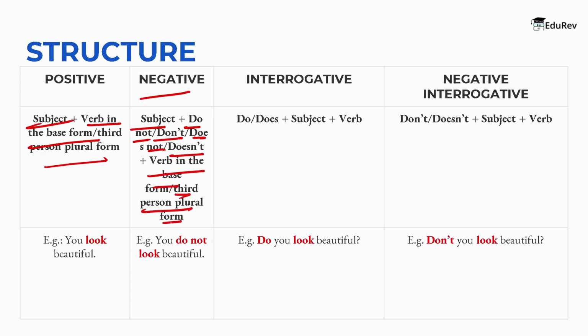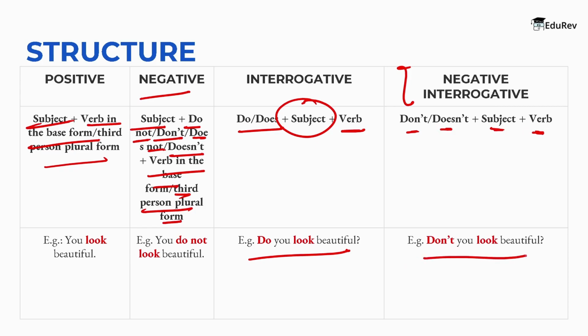That is, you do not look beautiful. For interrogative, that is when we need to ask a question, it will be do or does, then the subject, and then the verb, that is, do you look beautiful? And for negative interrogative, it will be don't or doesn't in place of do and does, then the subject and the verb. For example, don't you look beautiful?